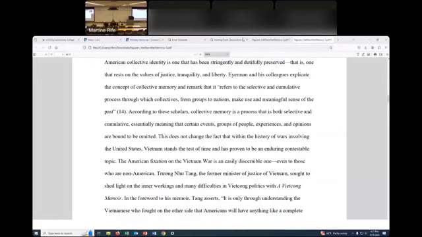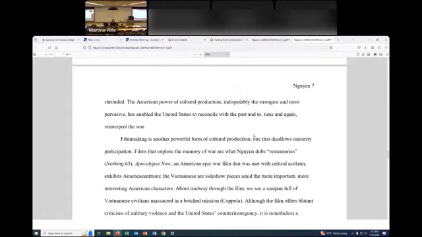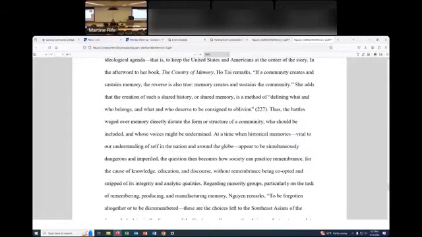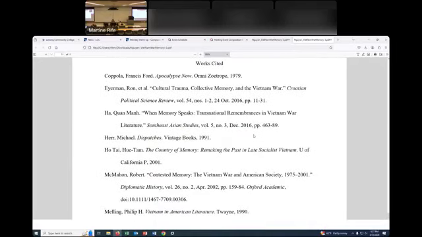And then according to these scholars, so summarizing the scholars that were just discussed, this is the summary here, collective memory is a process, and so on. So we know when we look at the works cited that we're going to see these specific sources that I just talked about. Okay, so we see some of them.